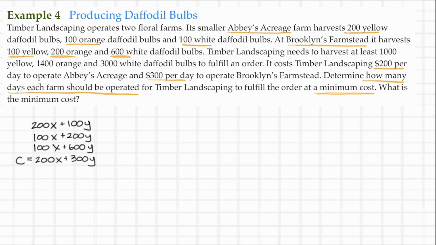Finally, the totals: Timber Landscaping needs at least 1,000 yellow, 1,400 orange, and 3,000 white. So here's the objective function, and these are the constraints that model this problem.